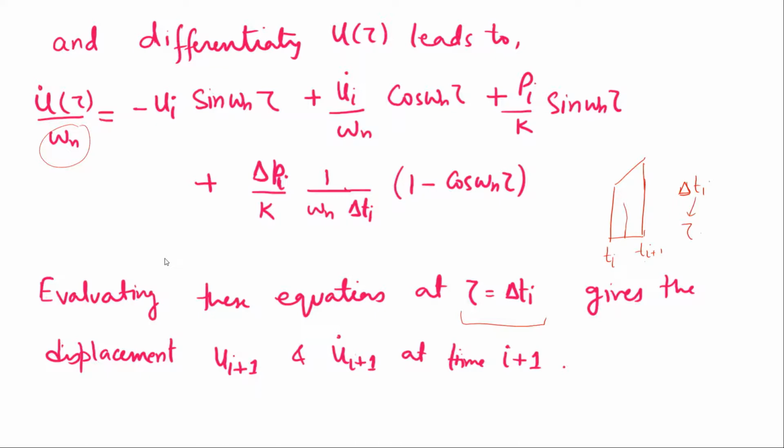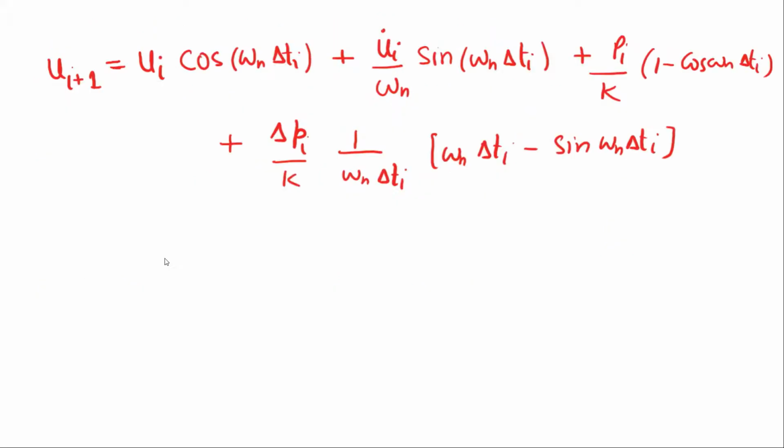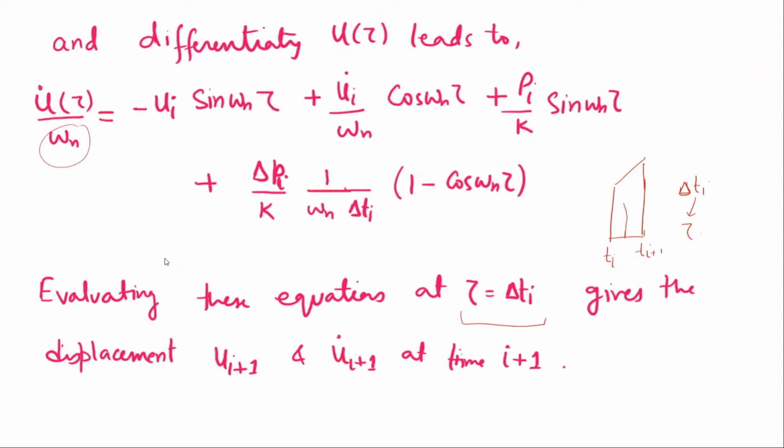So this gives the displacement u at i plus 1 and u dot at i plus 1 at time i plus 1, because we have our initial conditions. We know the initial conditions for this impulse. All three, the impulse, ramp force and step force, have the initial conditions. So we know ui and u dot i. Therefore we need to find u i plus 1 and u dot i plus 1.